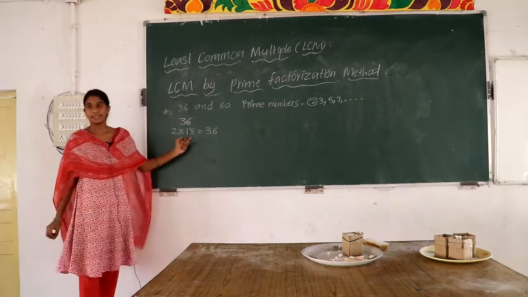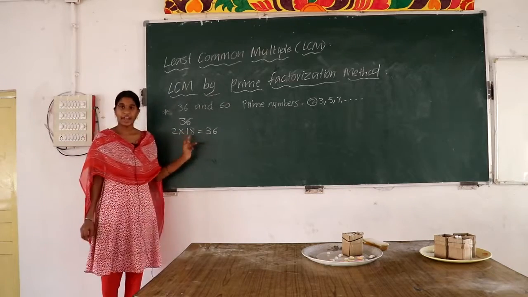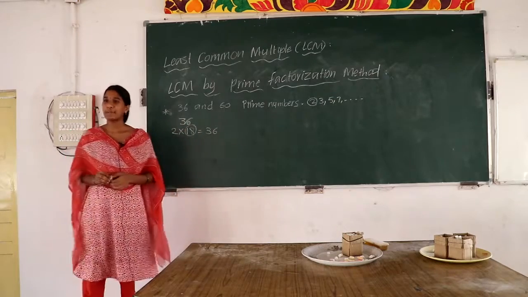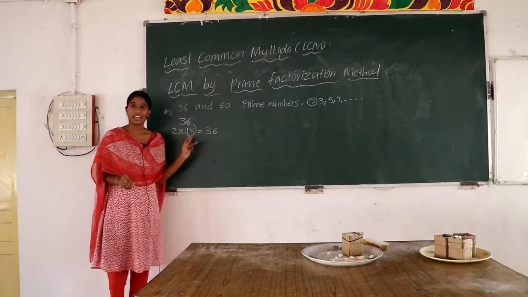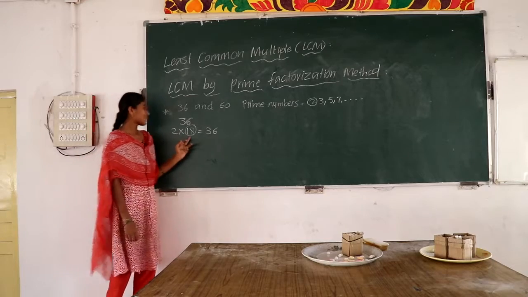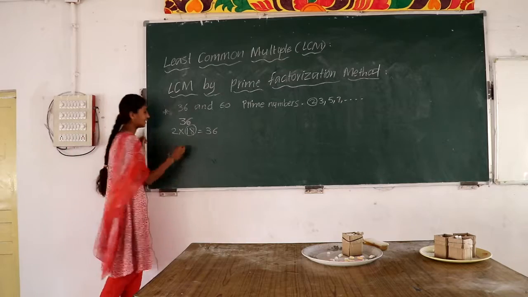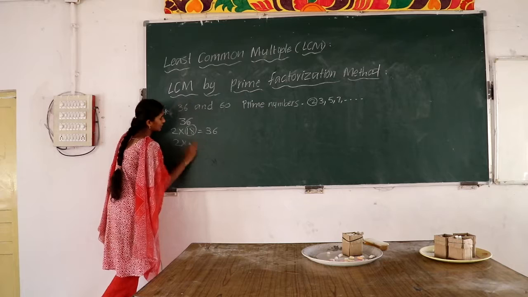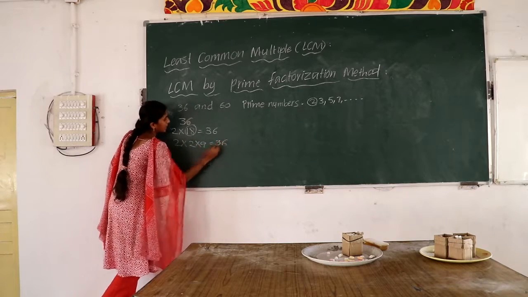Here 18. We have to reduce the value of 18. Is 2 a factor of 18? Yes, so we take 2. Which number should be multiplied with 2? 9.